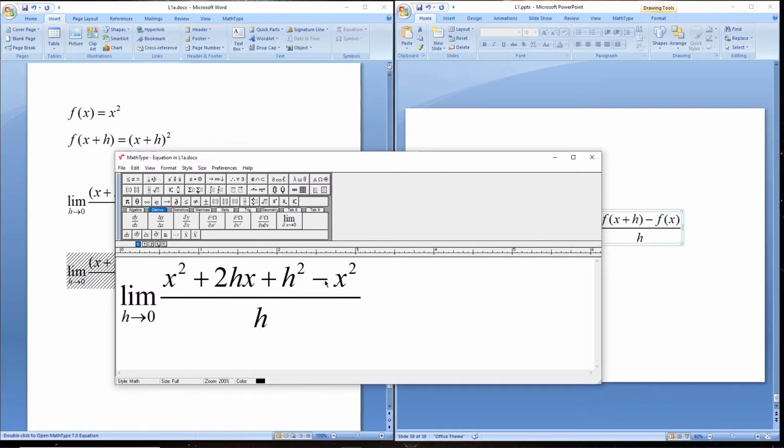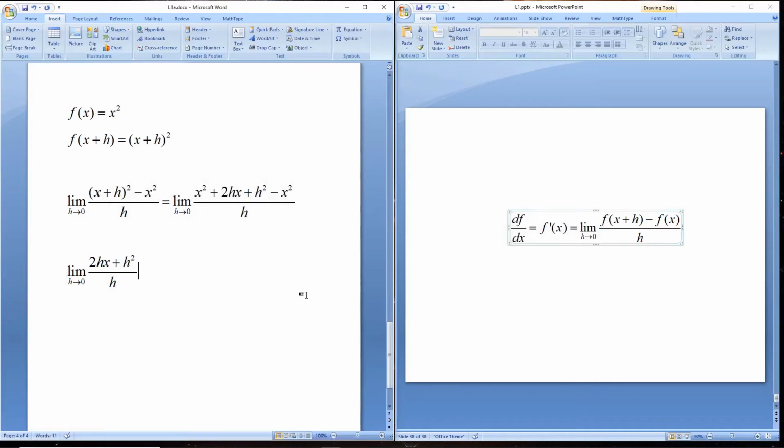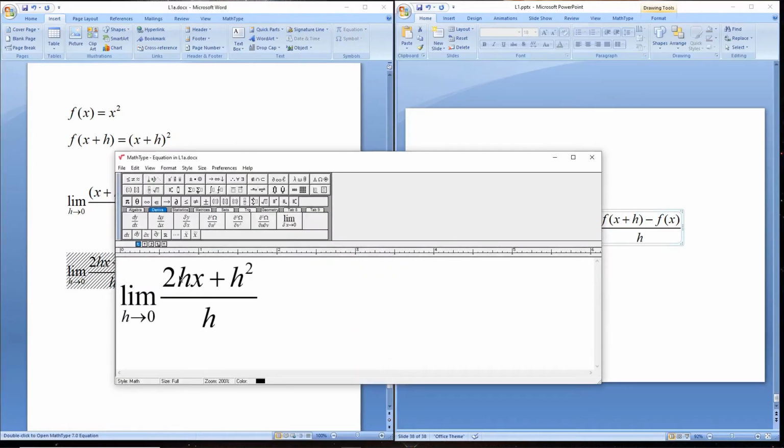And we can see these x squareds will subtract out. And since every term has an h, we can divide one of those h's out.